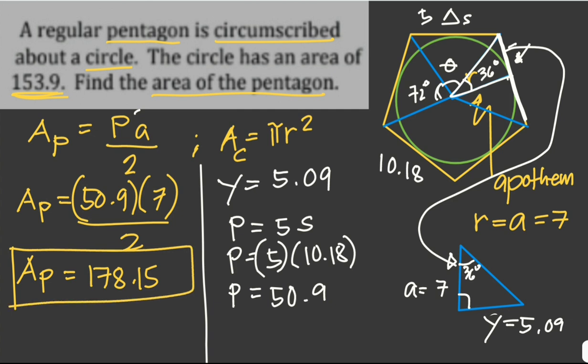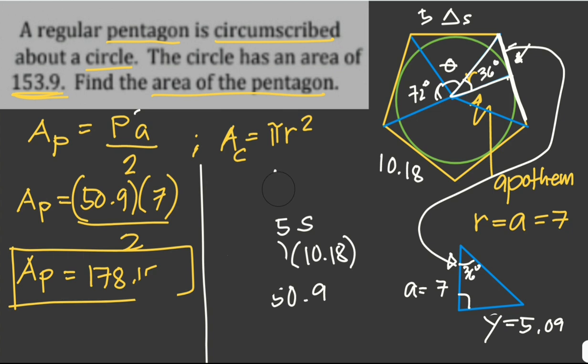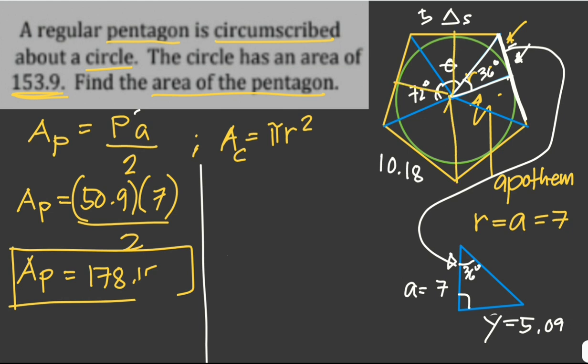And there's another way to solve this. Let me show you. We can get the area of this triangle, then we multiply by 10, because there are 10 right triangles here when we cut each triangle into half. So let's try that.